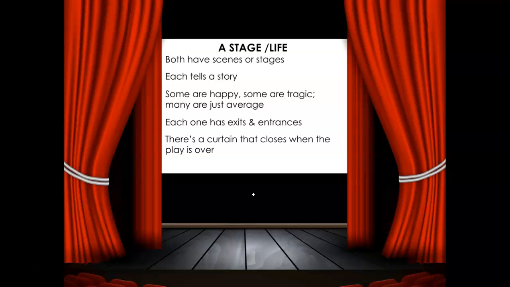First you're a child, in your childhood, and then you're an adult, and then you're an elderly person. Those are the stages of your life. Well, a play might have Act 1, Act 2, Act 3, different scenes of the play. Some lives and some plays are happy or tragic. Some are just average. They have exits and entrances.